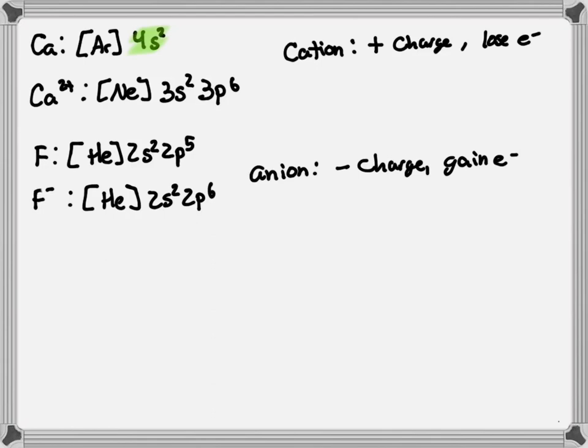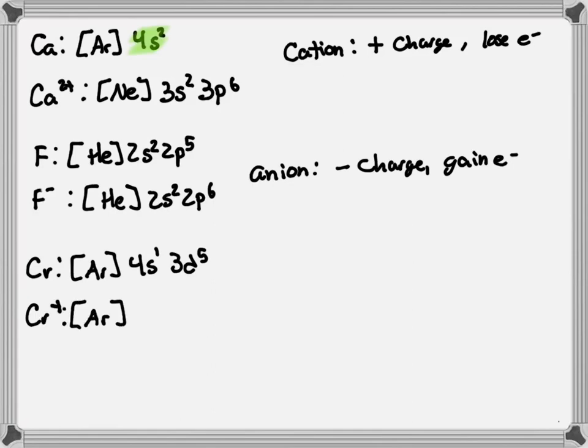And then my transition metals. Let's look at chromium. Remember, we just learned that chromium has an unusual electron configuration. It's got argon 4s1 3d5. Let's say I have a chromium that's a +1. What I'm going to lose is that 4s1.